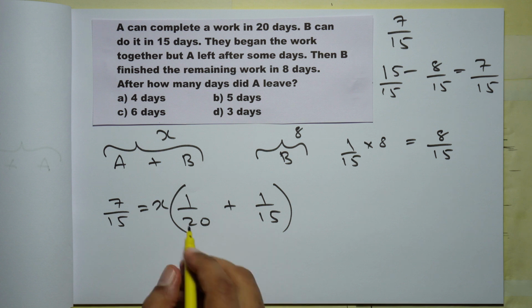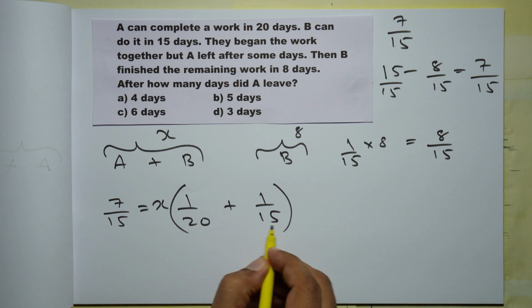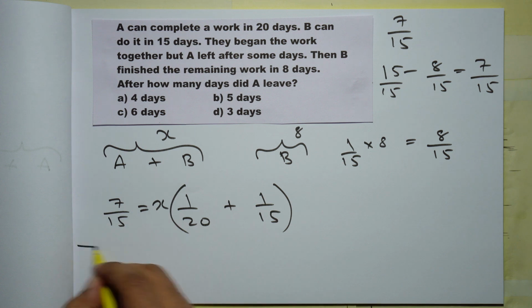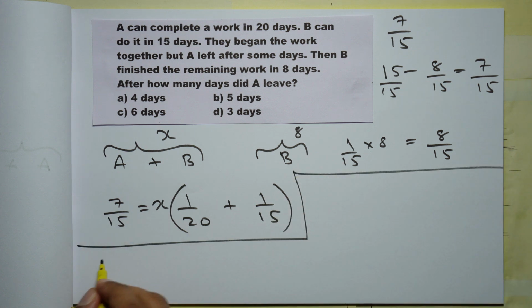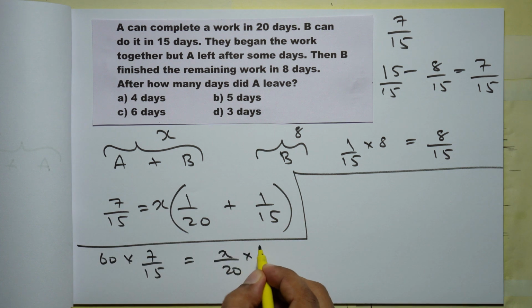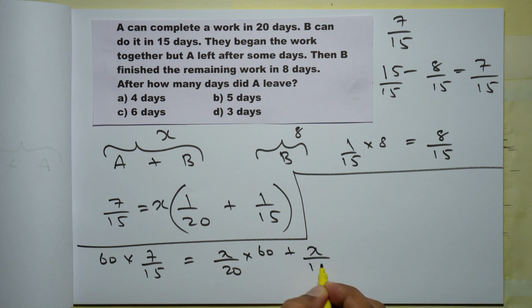Now the LCM of 20 and 15 is 60. So we will multiply throughout by 60, so all the denominators will go off. Multiplying by 60, 60 into 7 by 15 is equal to X by 20 into 60 plus X by 15 into 60.